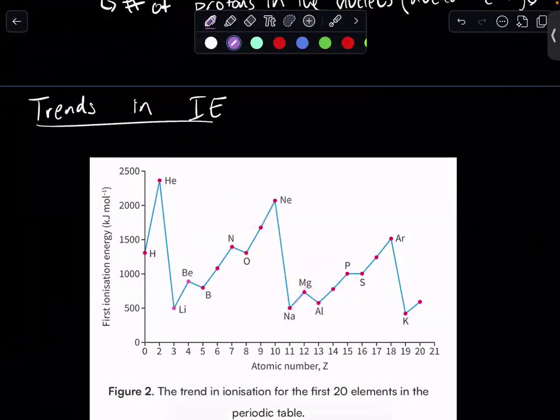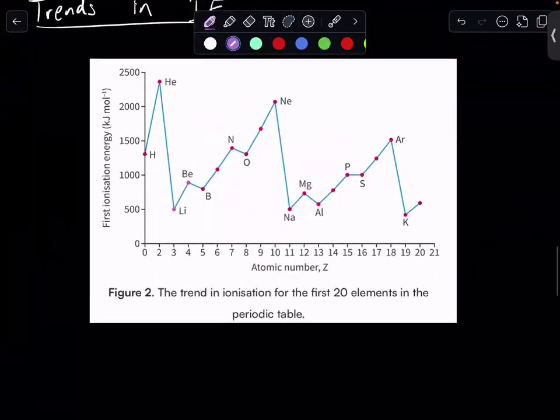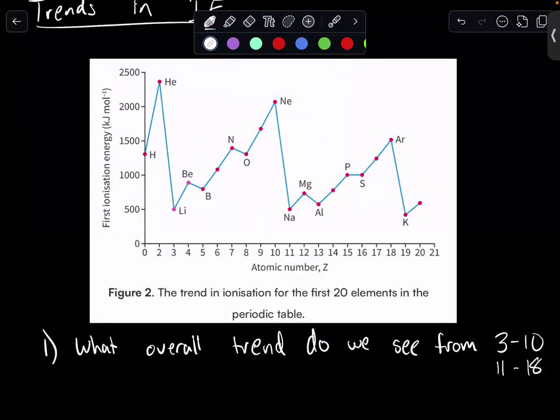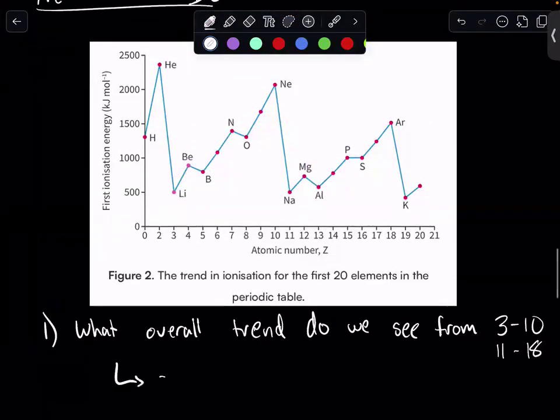With that said, let's ask a couple questions. Number one, what overall trend do we see from 3 to 10 and from 11 to 18? Well, we just kind of described that one a little bit. We see an overall increase.